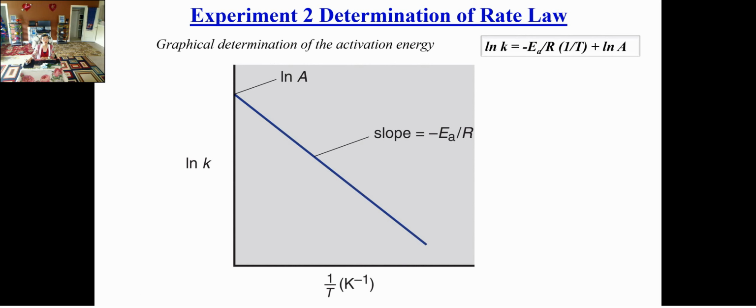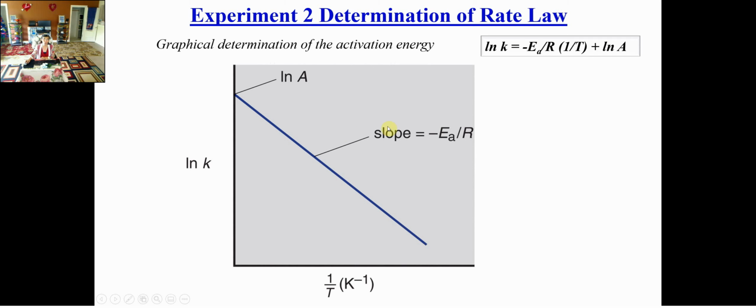You are going to plot a graph using the logarithm of K, ln K, over 1 divided by T. You use the reciprocal of absolute temperature as your x. Kelvin is the temperature unit. And you also apply a best fit line.